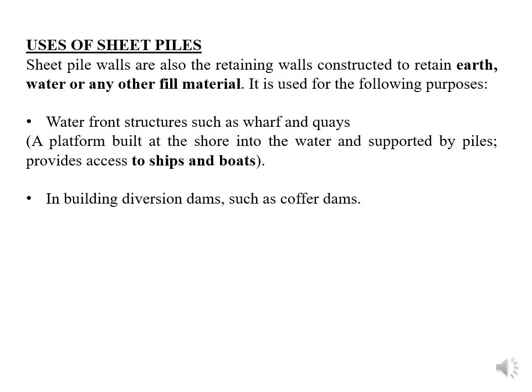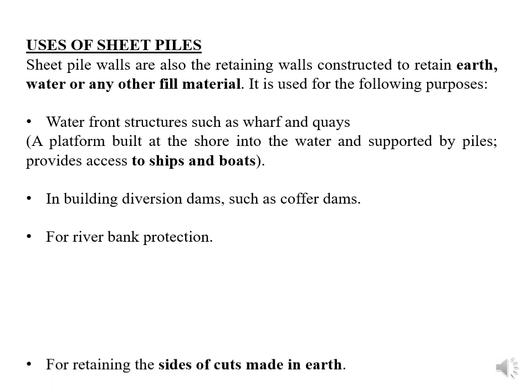In building diversion dams, you can make the area dry inside the water for construction purposes. We can also divert the water from one drain to the other drain using the sheet piles. This is also possible. For river bank protection, if you put the sheet piles along the bank of a river, the erosion will not take place.